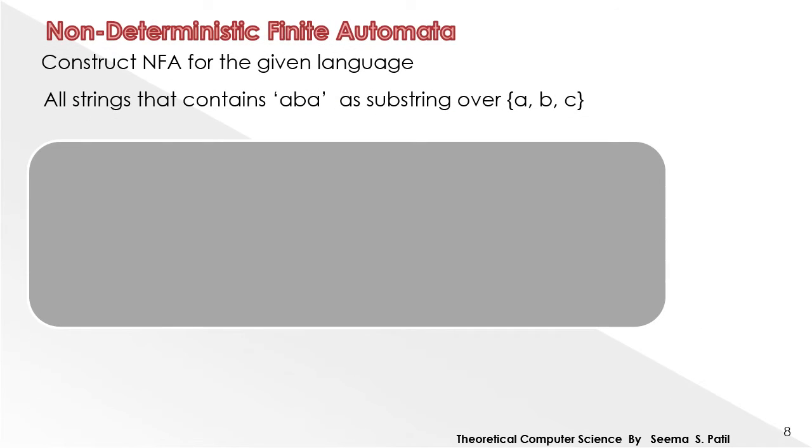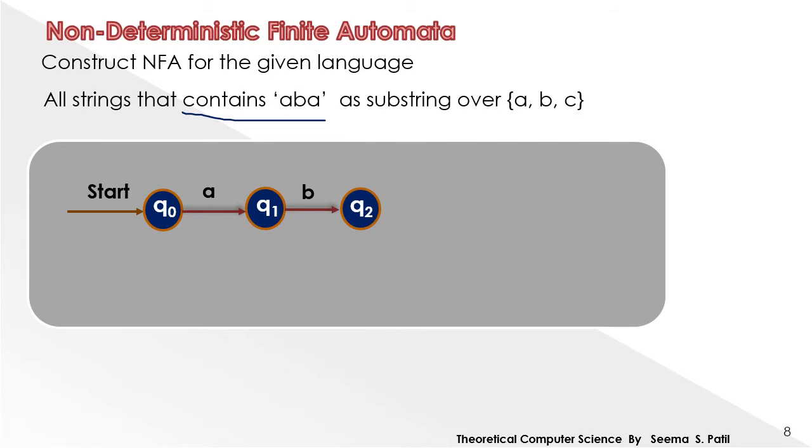Now construct the NFA for the given language, and the language is all strings that contain aba as a substring over {a, b, c}. Here there are 3 input values a, b and c. You have to start from the q0 state. Now here you want it to contain aba, so directly draw for aba in this way.